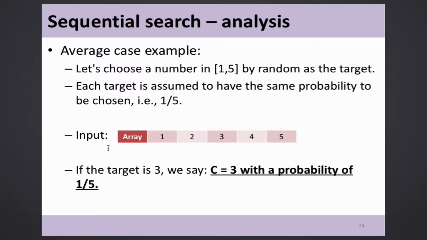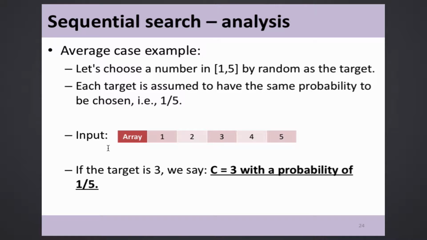Now, basically, this is a random variable, right? The random variable C gives me 3, okay, the probability of C equal to 3 is 1 over 5. The probability of C equal to 4 is also 1 over 5.